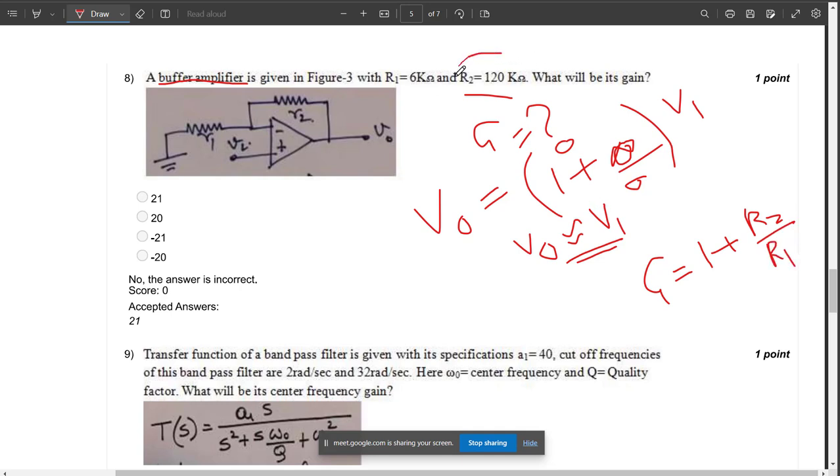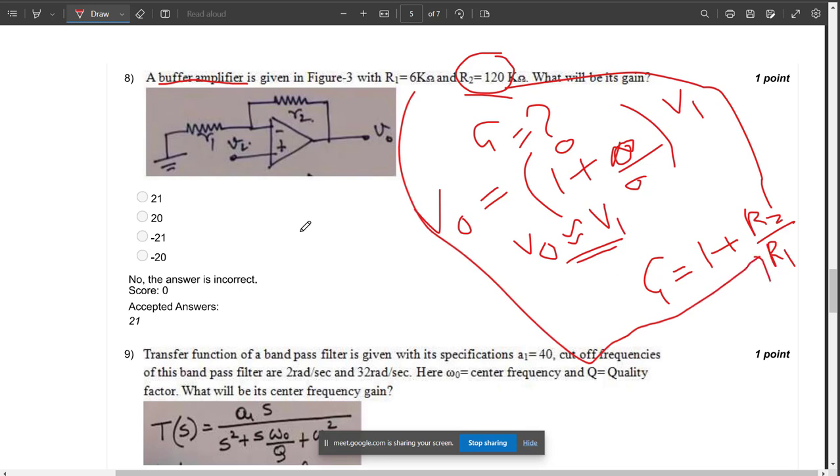So we'll put R2 here, R1 here, and we'll get the value of G equals 21. Okay, got it? Any doubt? Clear, ma'am.